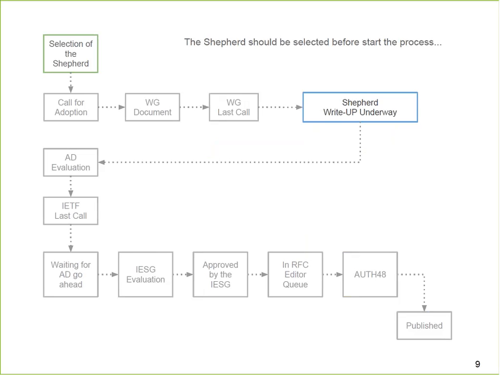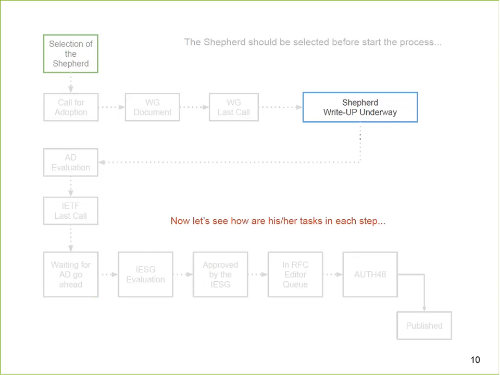So the selection of the document shepherd should be done before starting the process, before the call for adoption. It's the first thing to do. Now let's see what the tasks are for the person.